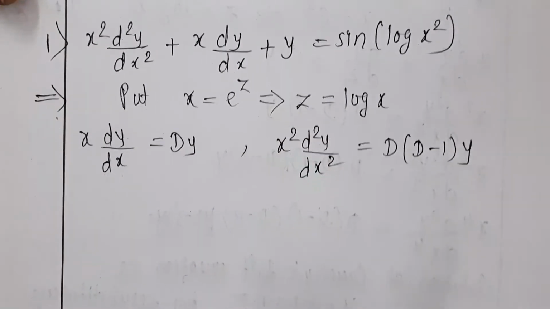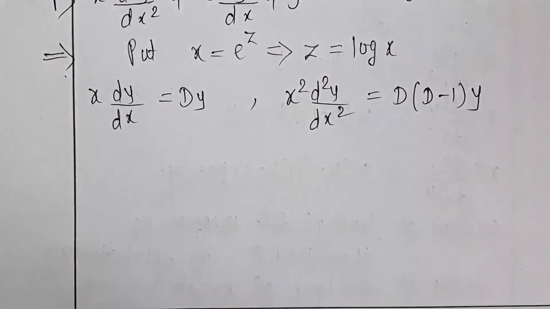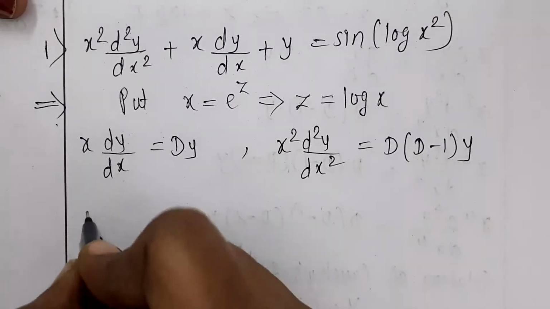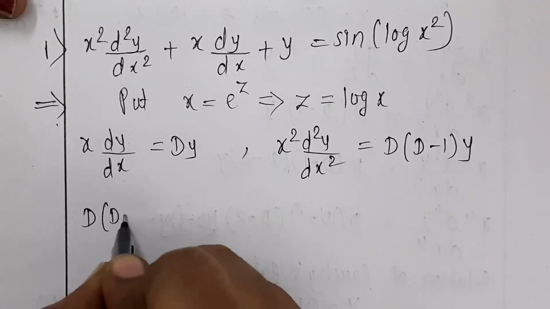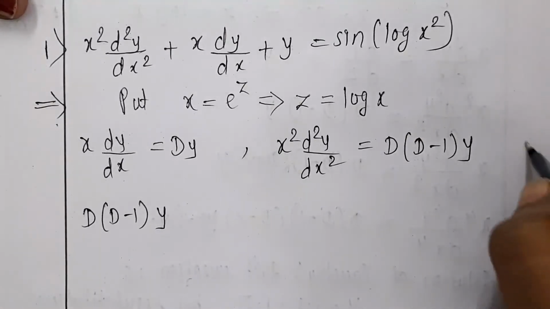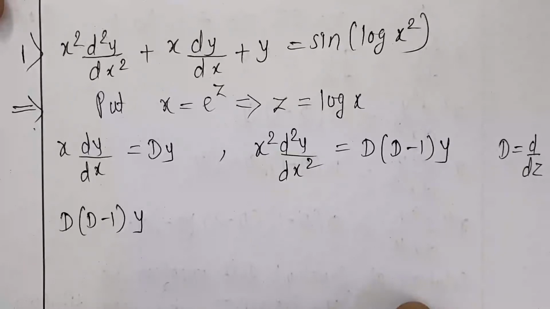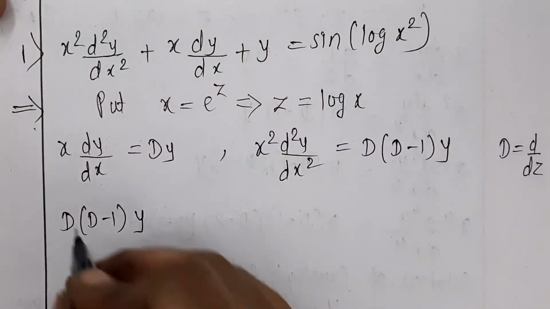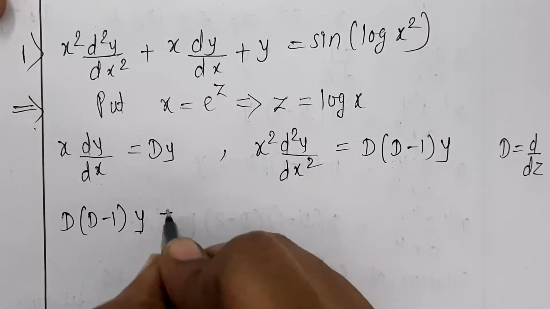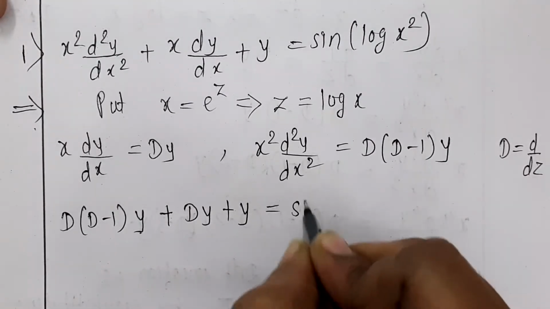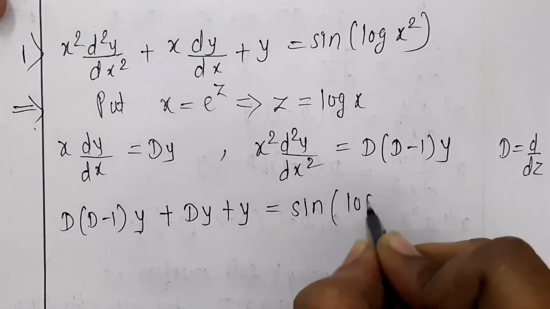Now substitute in the given differential equation. It is D multiplied by D minus 1 into y. What is this D? D is a derivative with respect to z, differential coefficient with respect to z. So D into D minus 1 into y plus Dy plus y is equal to sine of log of x square.